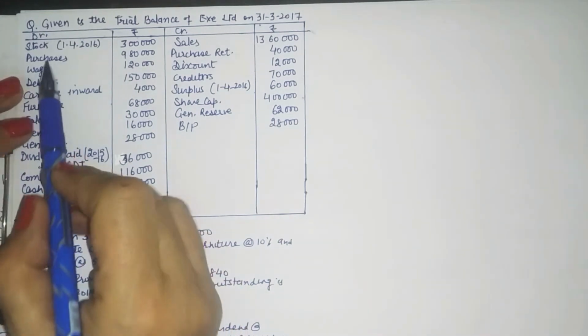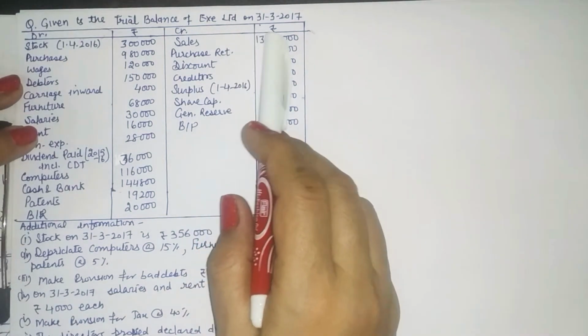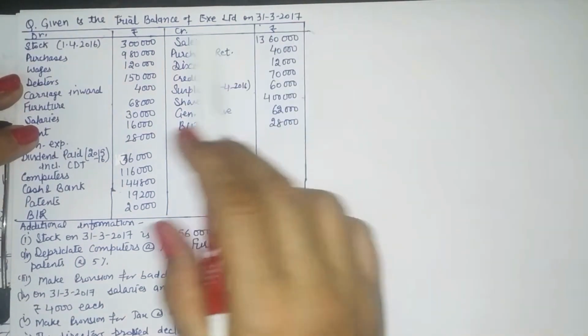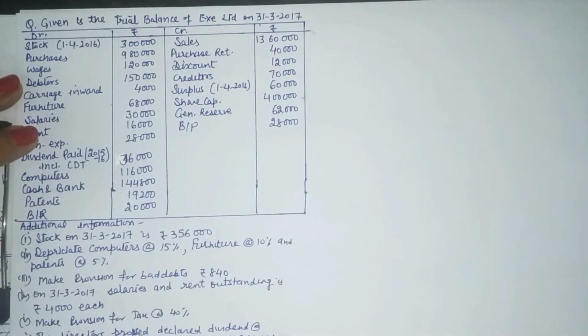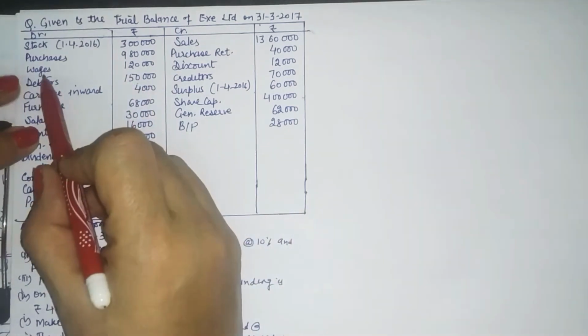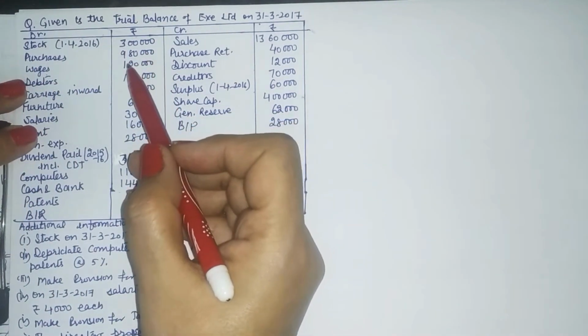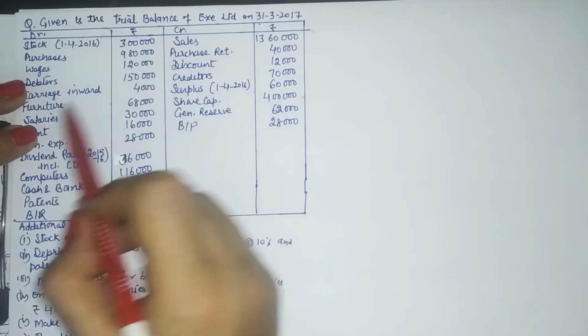So we are given stock. So it is an opening balance of the stock given to us because your year is closing on 31st March 2017. So it's the opening balance. Purchases, wages, debtors. So wages is an expense which comes under employee benefit expenses. Debtors is your current asset.